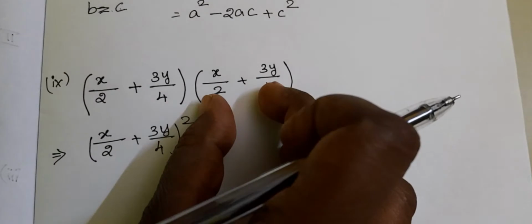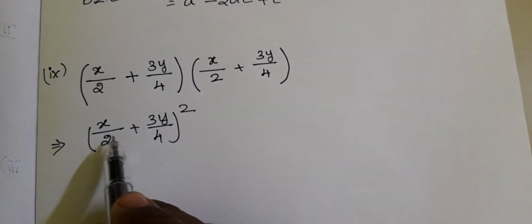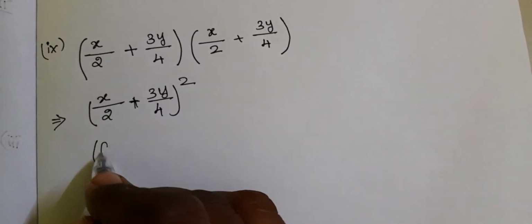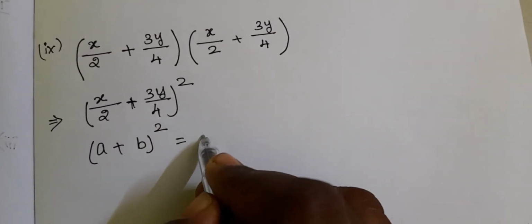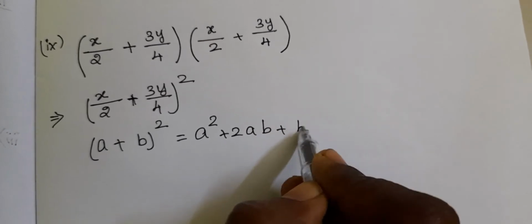So it is in the form of a plus b whole square. The expansion is a square plus 2ab plus b square.